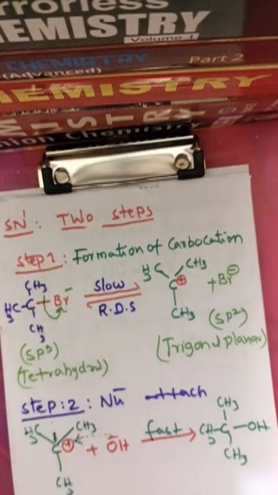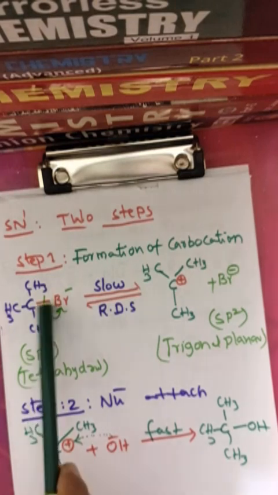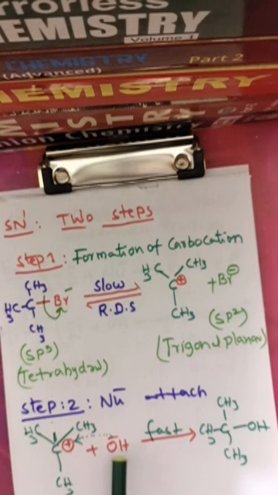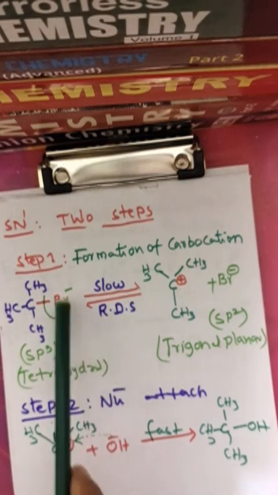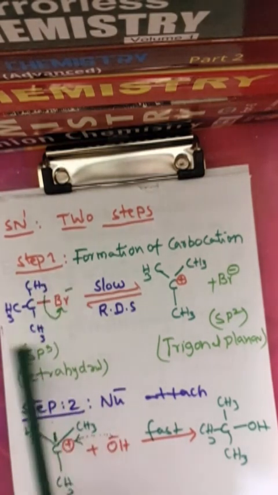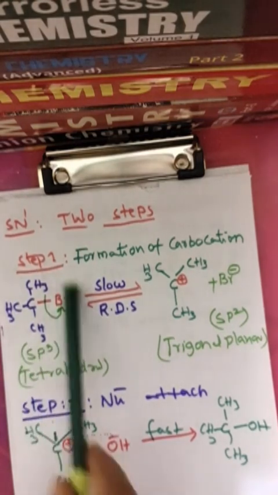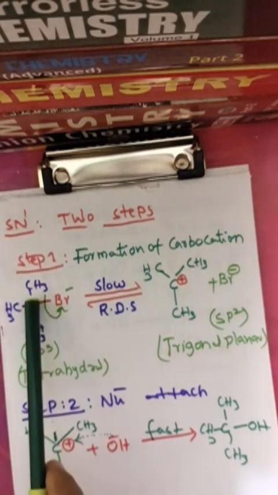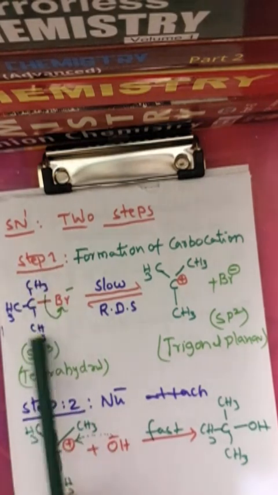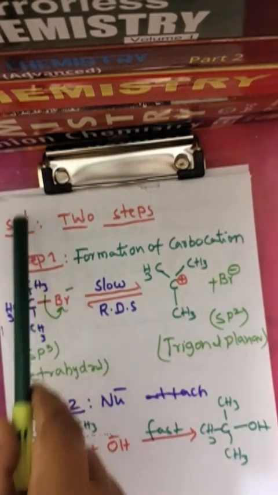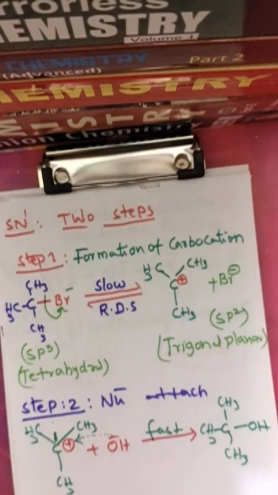That's why we call it unimolecular. It means a substitution reaction whose rate depends on only one molecule. No need of any nucleophile. In the rate determining step, we have only one substrate, that is the reacting compound. So here only we are determining the rate. That's why we call it unimolecular nucleophilic substitution reaction.